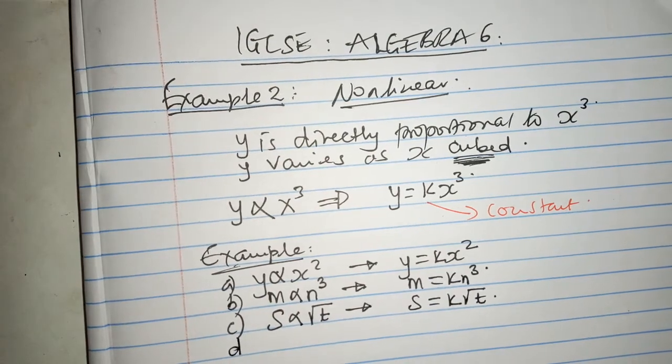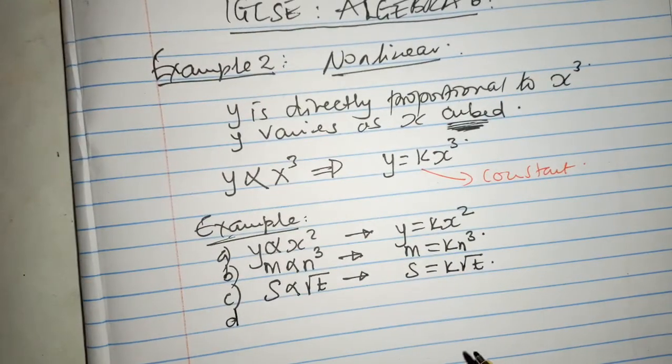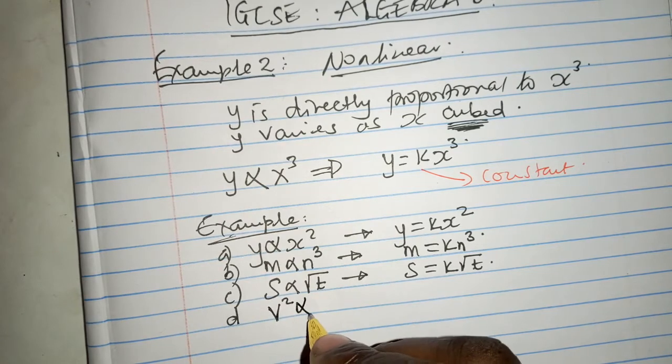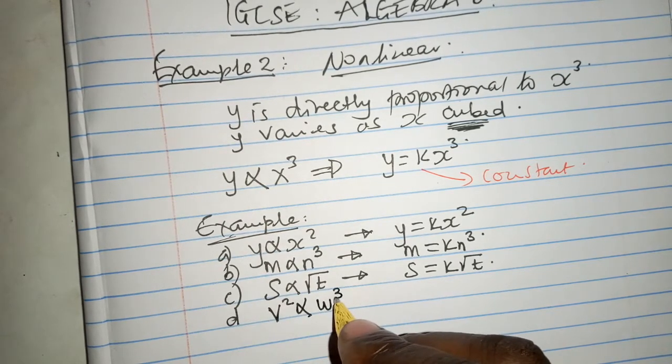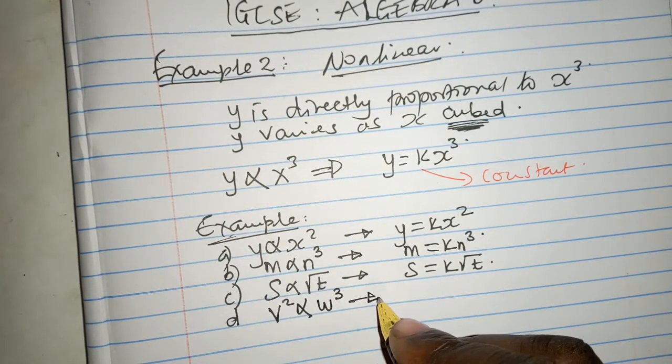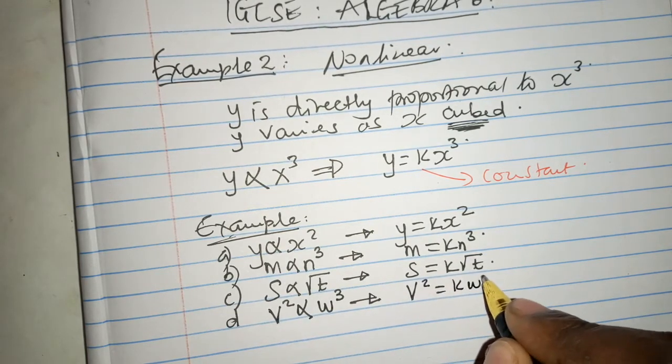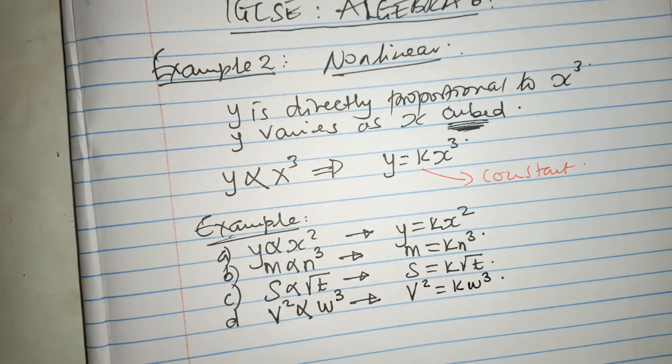And part D, which is I think the last one: v squared varies as the cube of w, which translates to v squared is equals to kw cubed. All these are a relationship of some variables, and that is exactly how we need to understand that part.